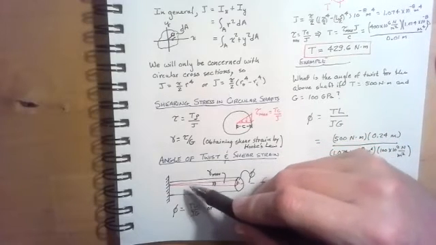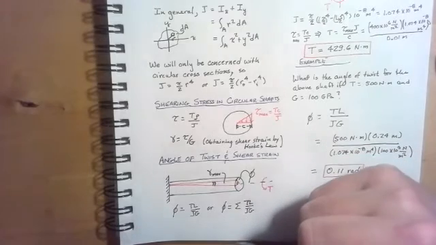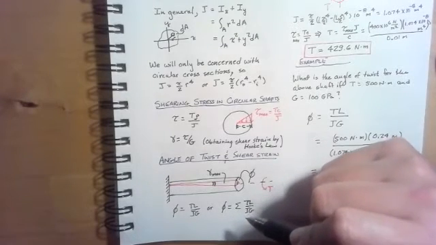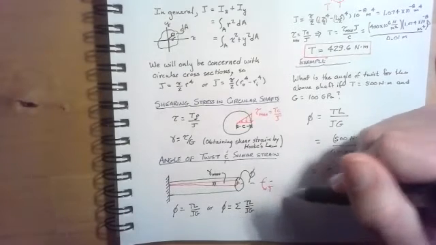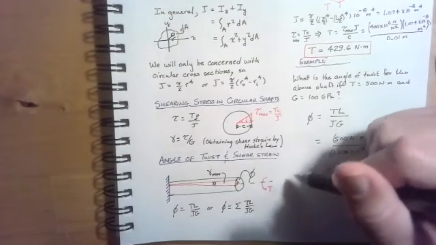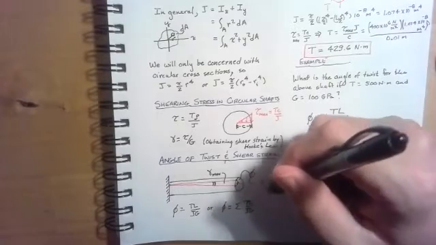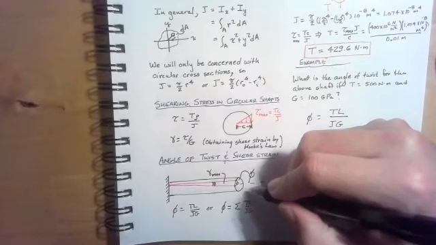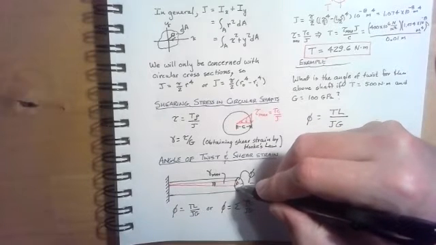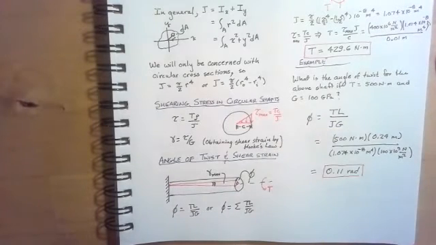So for the side of the shaft, these two lines make an angle that we would call the shear strain when the shaft is subjected to a torsion T, resulting from the torque T. However, the angle of twist of the shaft would be the angle between these two red lines. And the formula for the angle of twist is phi equals TL over JG.